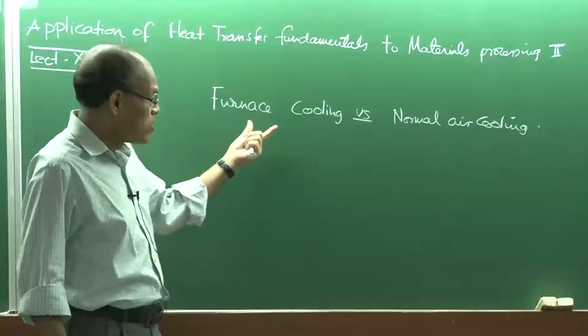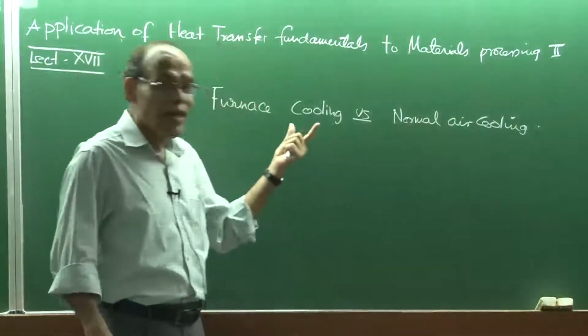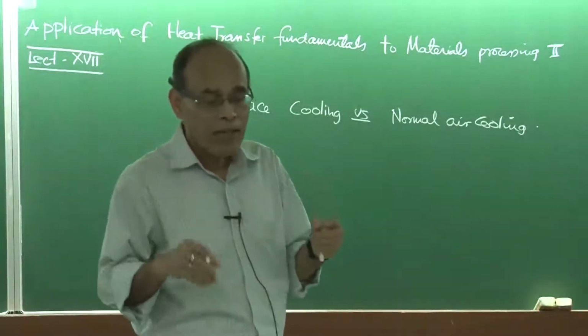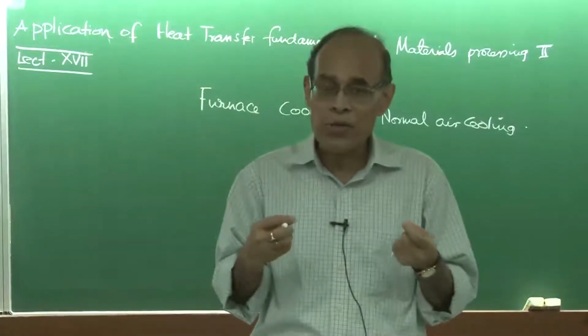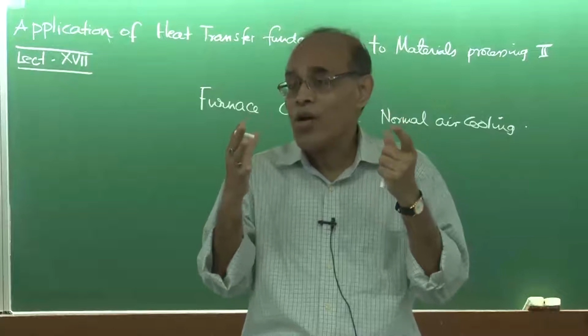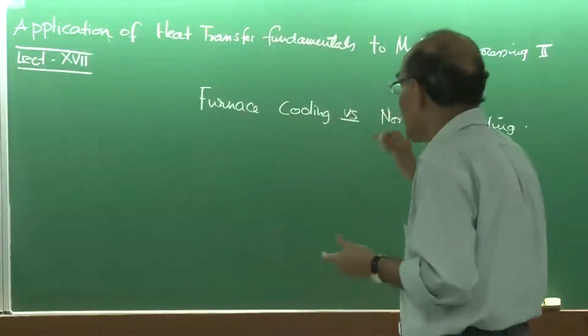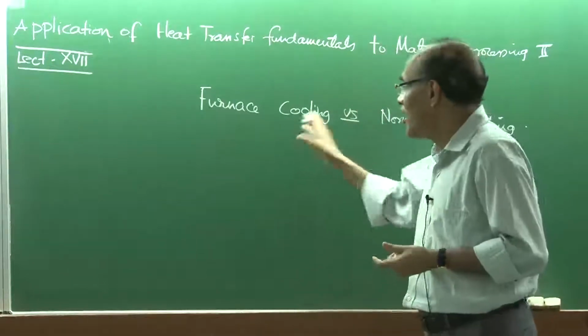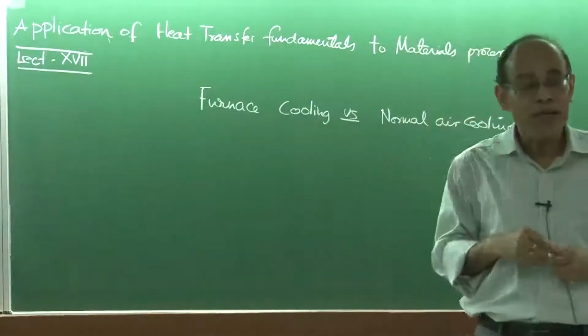So, the furnace cooling and normal air cooling, they are essentially one and the same process. But if you have to, for example, write down the equations and the boundary conditions, can you visualize through which terms or through which expressions the two processes are going to be distinguished?